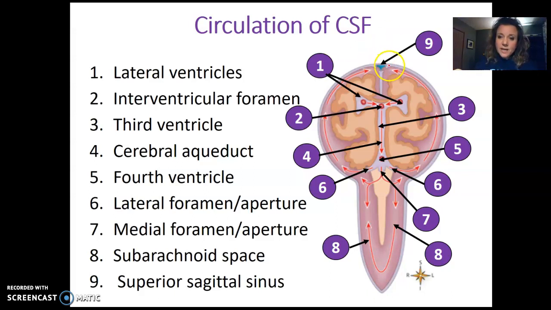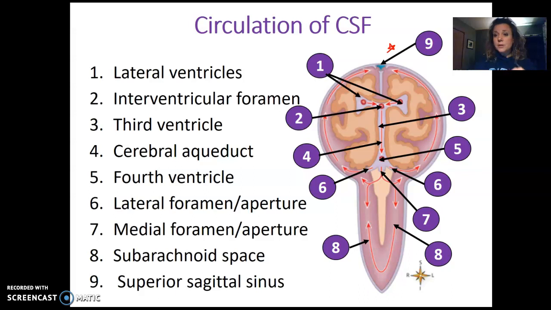And if you look up at the top here, number nine is pointing to a structure called the superior sagittal sinus. In the last video, I mentioned that in between the periosteal dura and the meningeal dura there is what's called a potential space, because you're not supposed to see it unless there's been trauma or death.